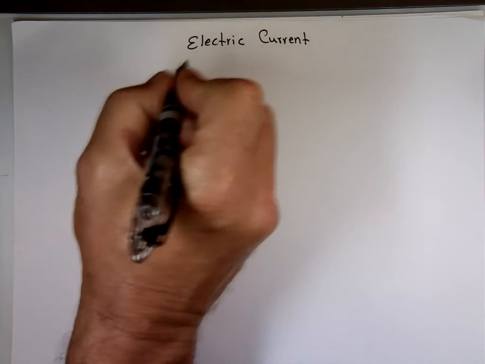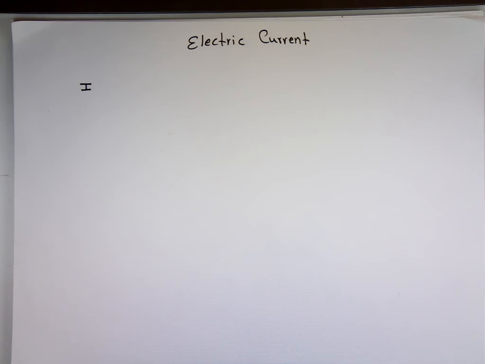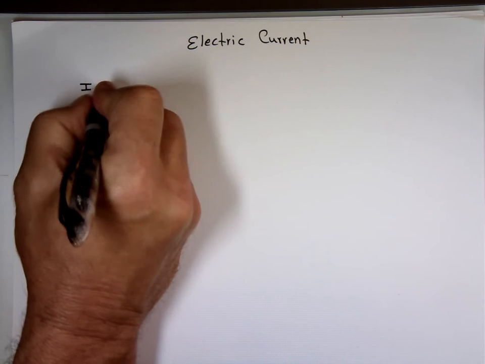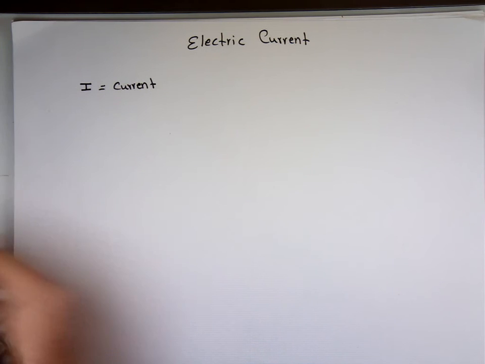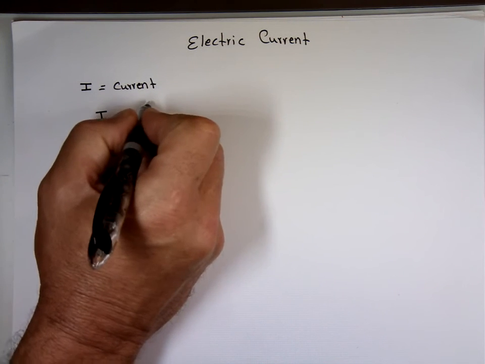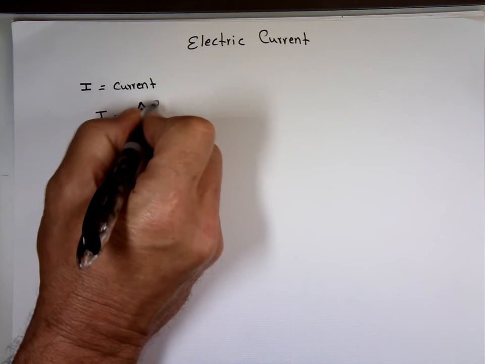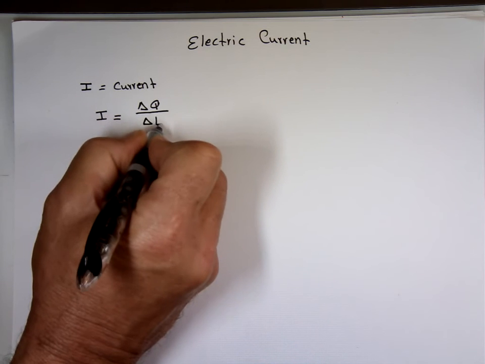We use the letter I for current. I always represents the current. I is equal to change in Q over change in time.